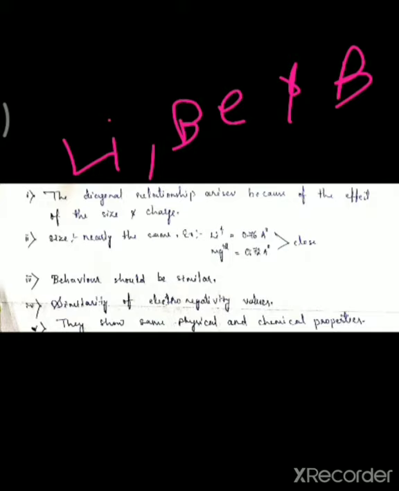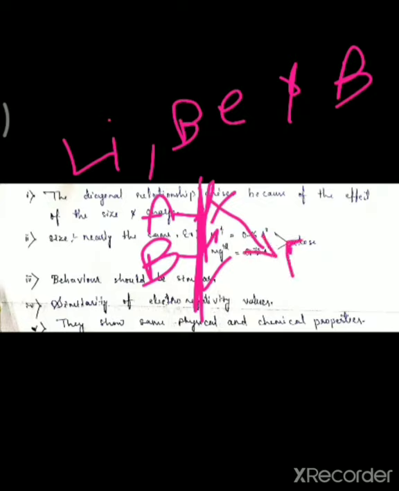That means if they are present in this group, obviously they show the properties of that group. Whatever characteristics A shows, B also shows the same. But the elements of the second period have extra qualities: the diagonal element also shows characteristics similar to this E, that means the other group.